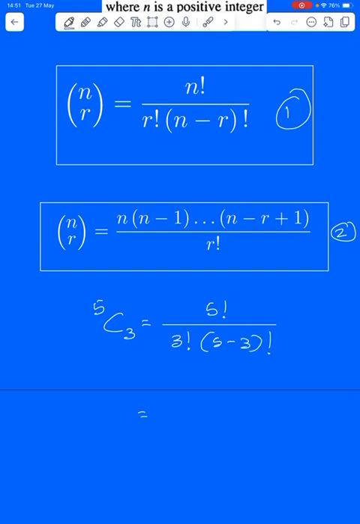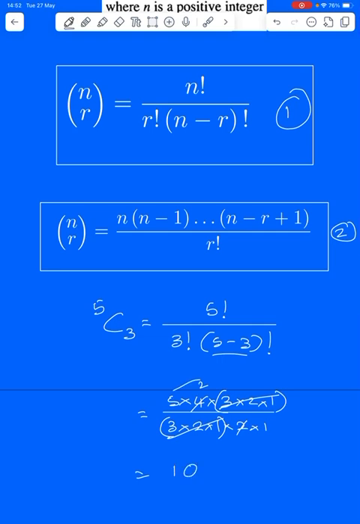That will give you 5 factorial, which is 5, 4, 3, 2, 1. 3 factorial will be 3, 2, 1, and then 5 minus 3 is 2 factorial, so 2 times 1 only. So what we have is 3, 2, 1 and 3, 2, 1, we can cancel off, and 4 and 2 cancel off, we get 2, so 5 times 2, so that will be basically 10 ways to choose 3 letters from the 5 letters that we were given.